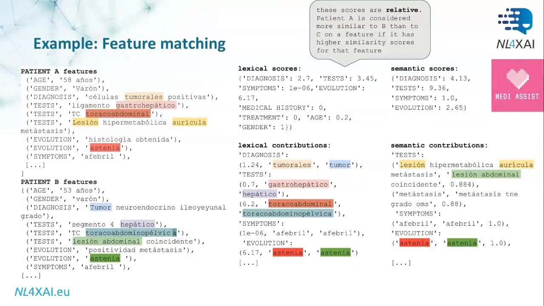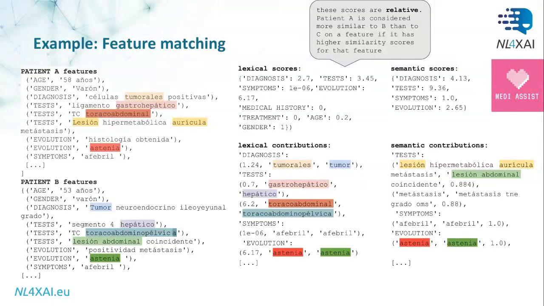For the lexical contributions, our tool is able to detect that even words that don't look identical on the surface, such as thoracoabdominal and thoracoabdominal-pelvical, are still assigned a very high similarity score and a high contribution to the overall lexical similarity score of the document.